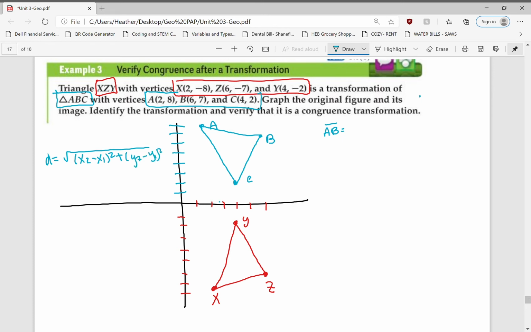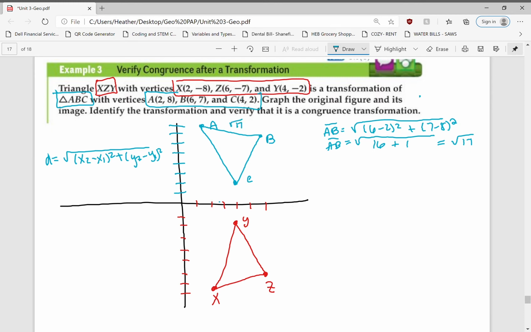You should have this memorized by now. Using points A and B, I have the square root of 6 minus 2 squared plus 7 minus 8 squared. 6 minus 2 is 4, and 4 squared is 16. Plus 7 minus 8 is negative 1, and negative 1 squared is 1. So AB is the square root of 17.